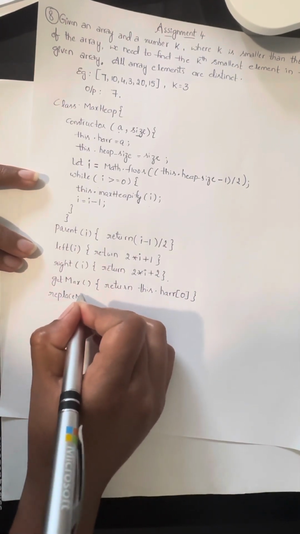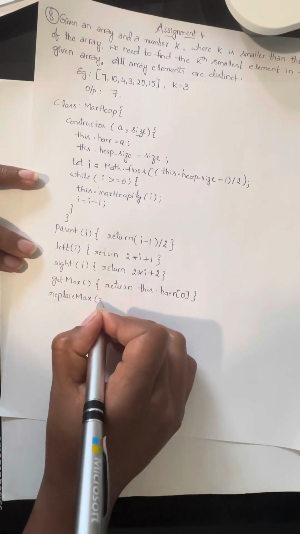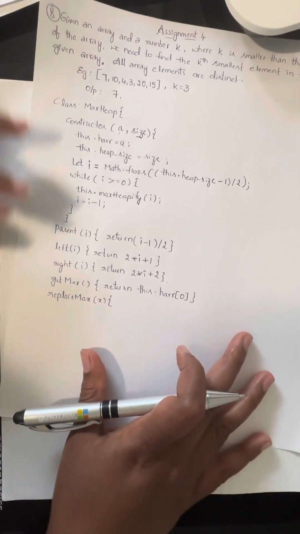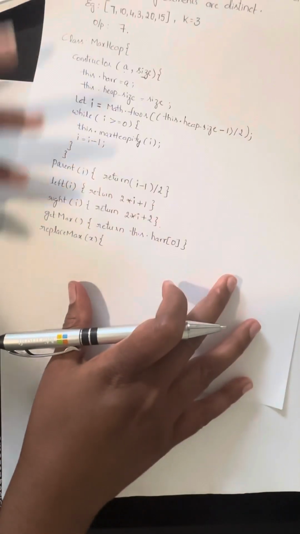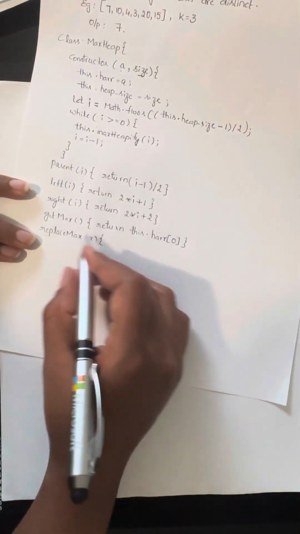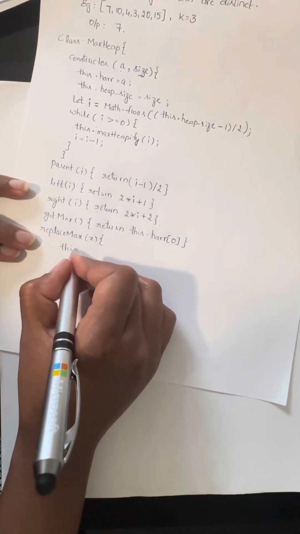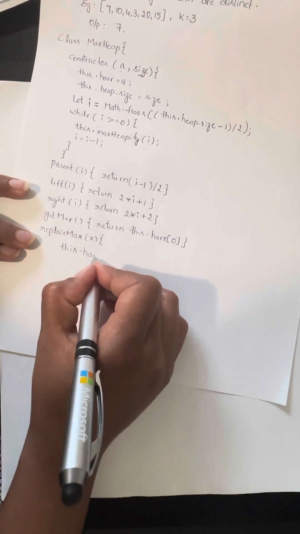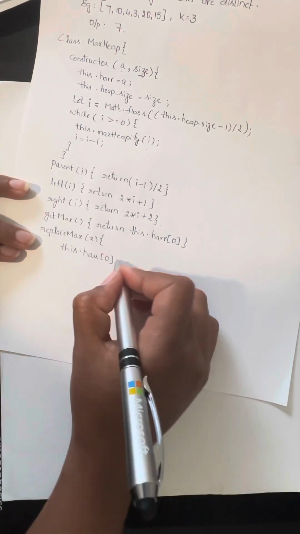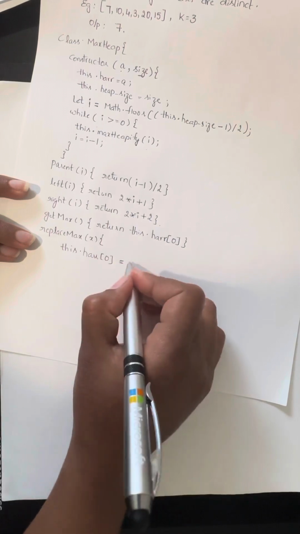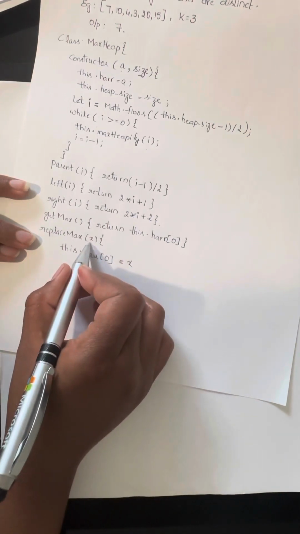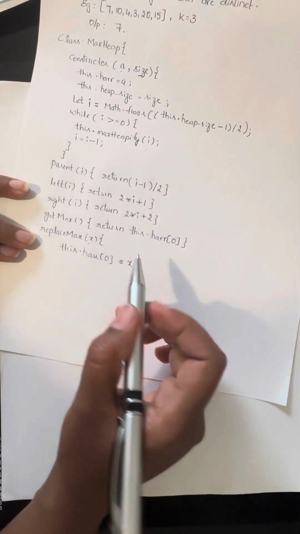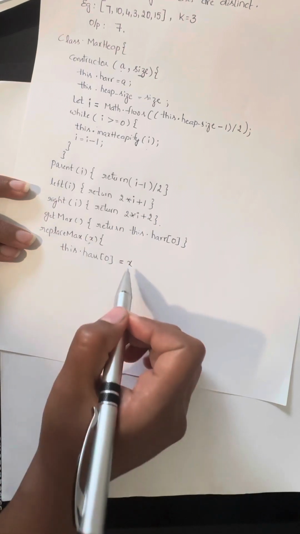Replace max. So if we want to replace the element at index 0, then we need to do this.hArray of 0 equals x, the given element, the given number.